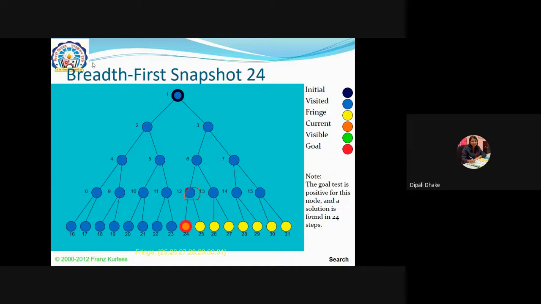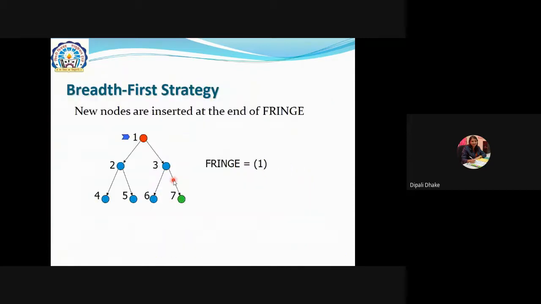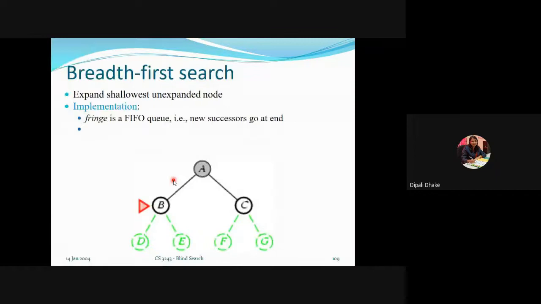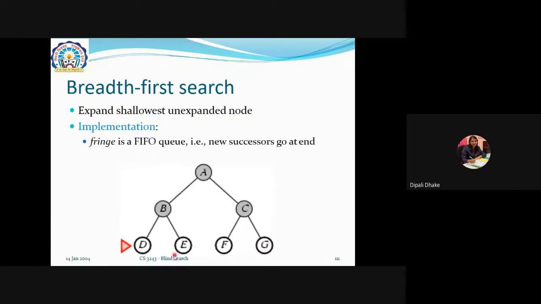I have to use the BFS for this. So I have to follow all this path, and then I will reach 24. As I told you in the short example, I will show it again here. Suppose my answer is F, it will move towards the E and the F. In this way.